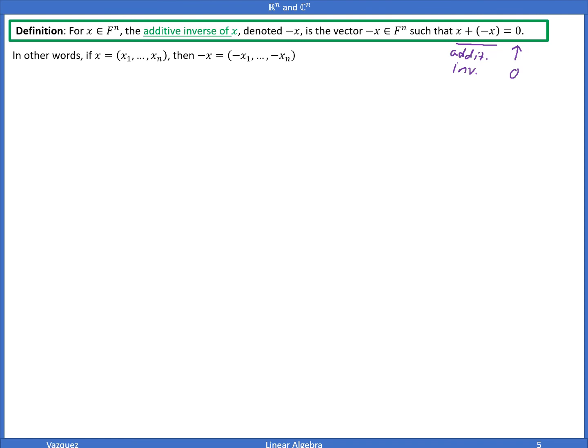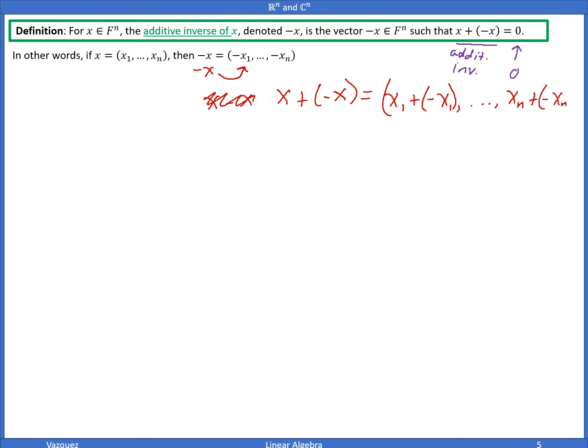So we can write, in other words, that negative x here is the list negative x1 all the way to negative xn. Why? Because when we add these two lists, we get x1 plus negative x1, and so on and so forth, all the way to xn plus negative xn.